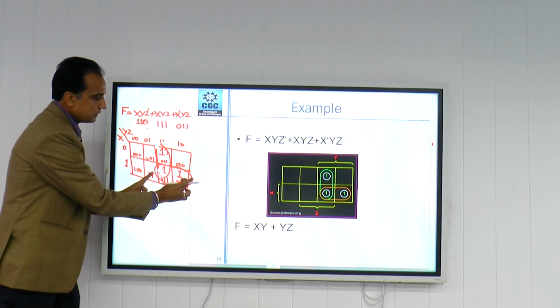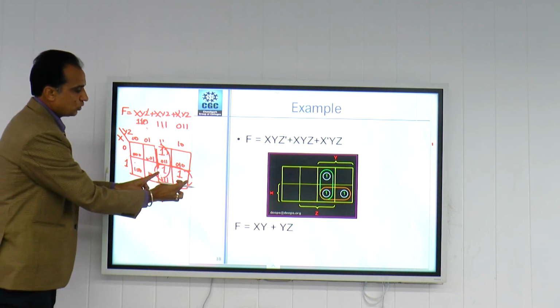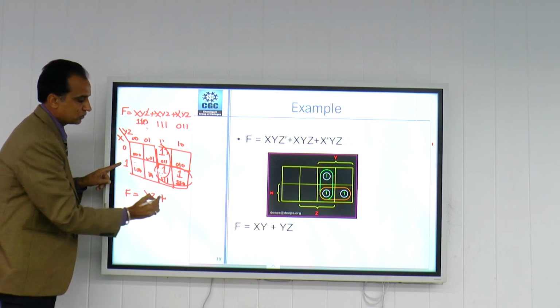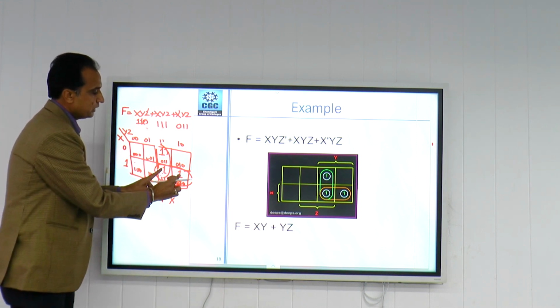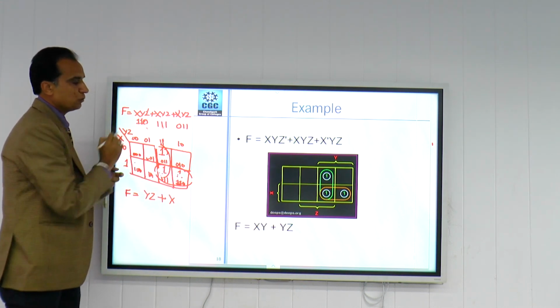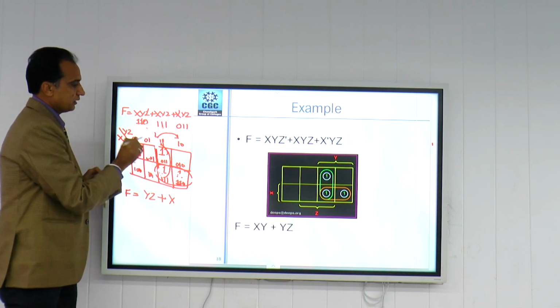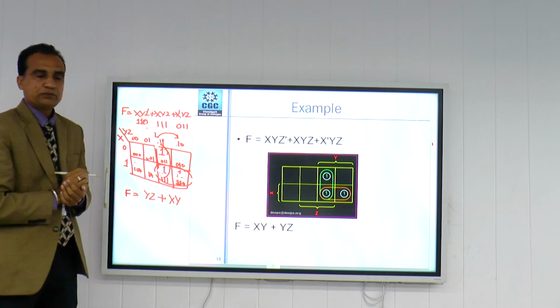Then according to this horizontal group, we have to check which variable is changed. Now corresponding to these 2 ones, X value means 1. So X should be in the answer. Now corresponding to these 2 ones, we have to check the upper 2 values. Y value means 1 over here and 1 over here. So Y should be included into the answer.